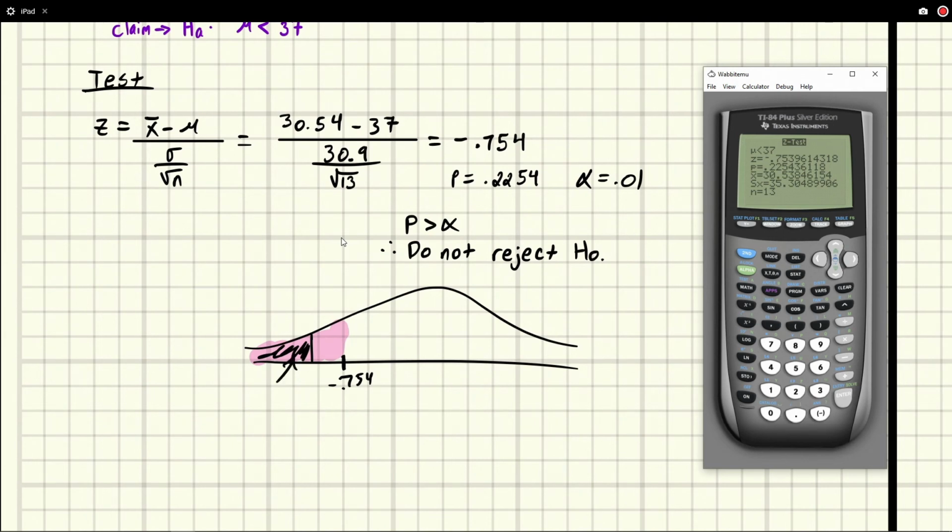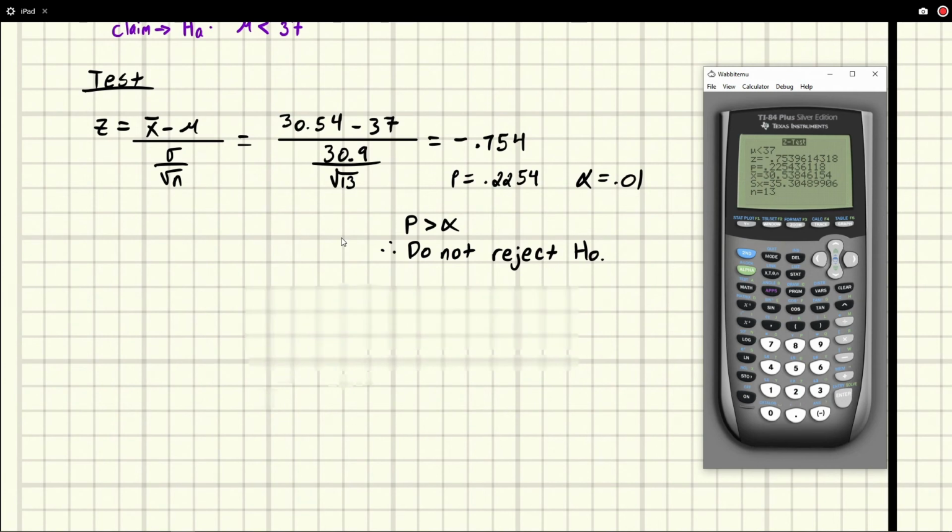This is the alpha shaded region, where the pink is the z-score, the p-value shaded region. And so we say it's bigger than alpha, so we can't be in it, which means we're in the do not reject territory. We're in the area that's not shaded by alpha. So because of this, we say, hey, we do not reject the null hypothesis.